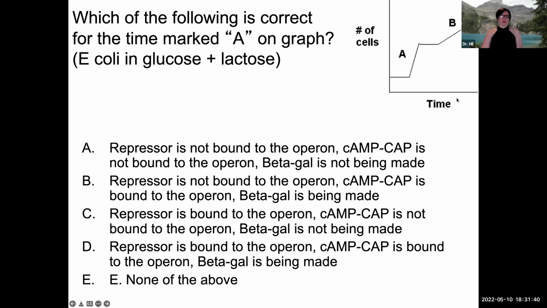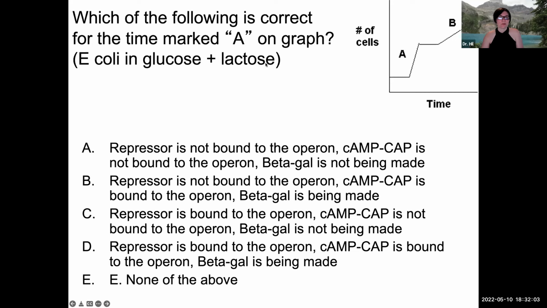Okay, let's talk about it. Before I reveal the answer, let's talk about it. So in A, we have both sugars available in the environment. It is really important that you get used to solving these logic problems by taking one aspect at a time. Let's start with the lactose.